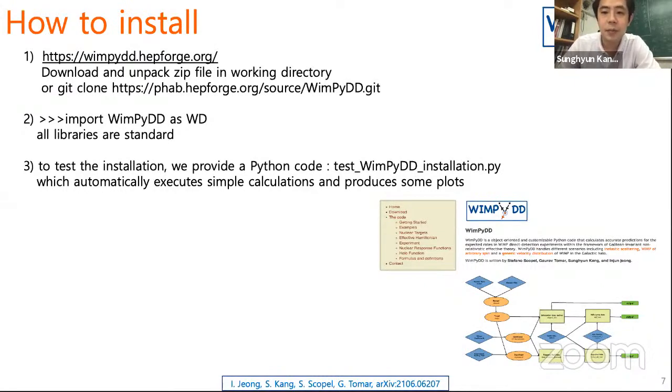Now import WimPyDD with a simple command, and all libraries are standard. To test the installation, just use the test WimPyDD installation file we are providing, and it will automatically execute simple calculations and produce some plots.